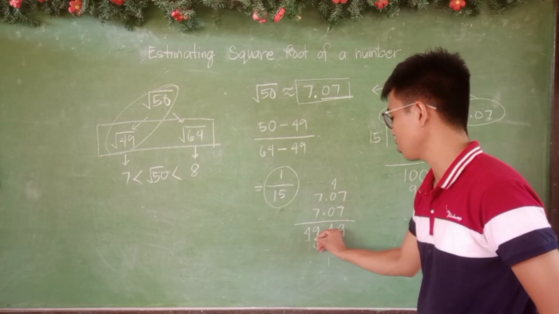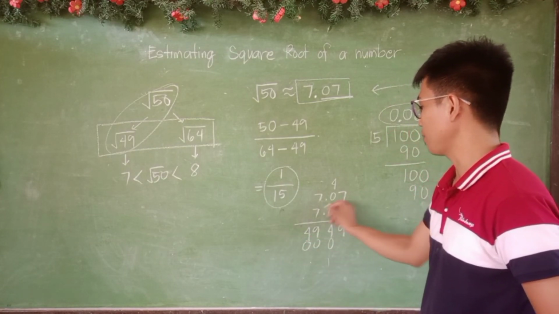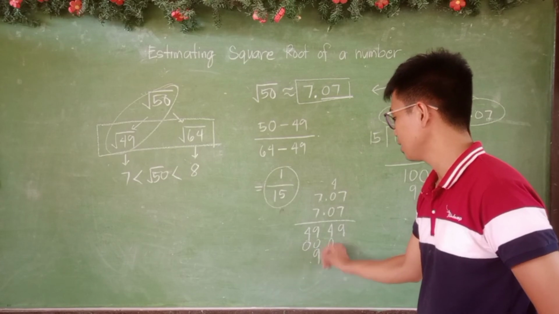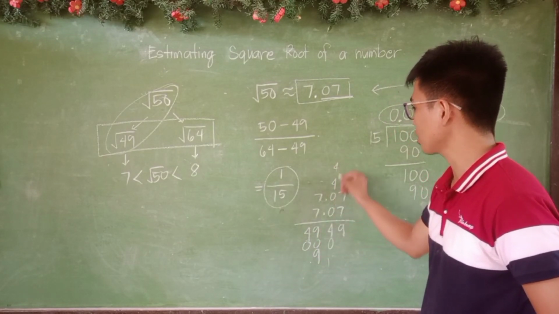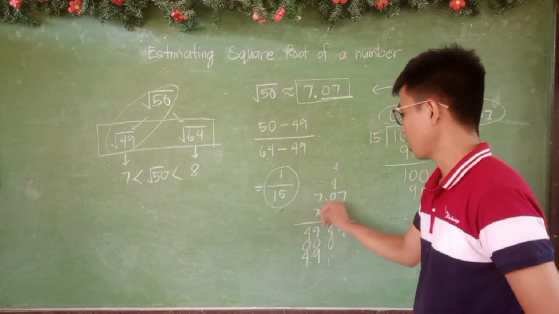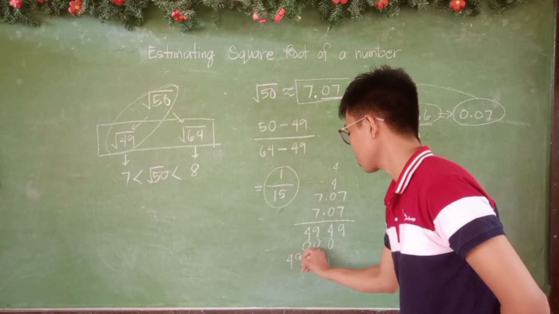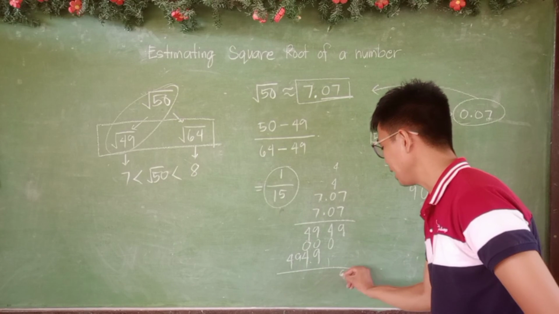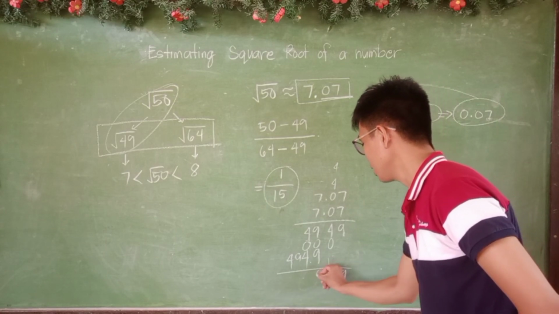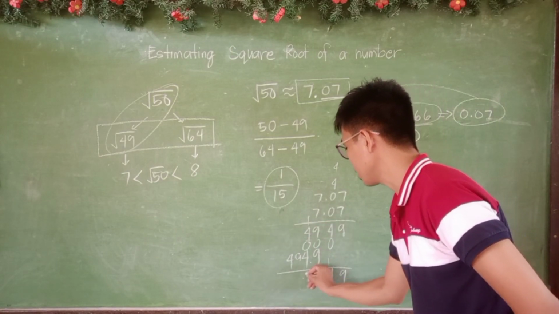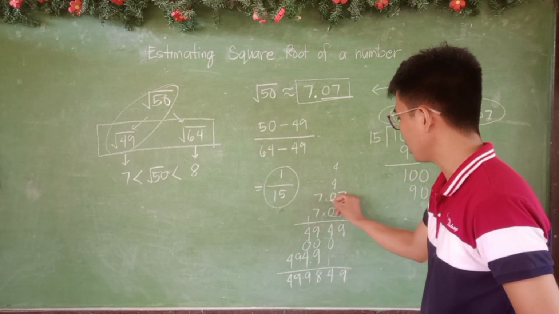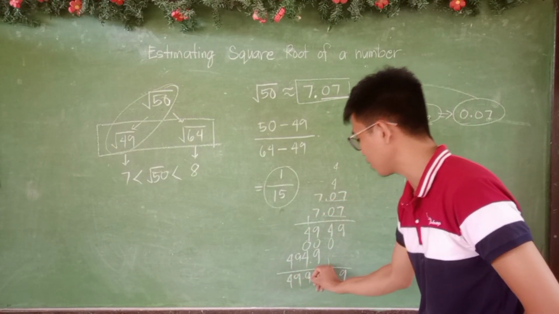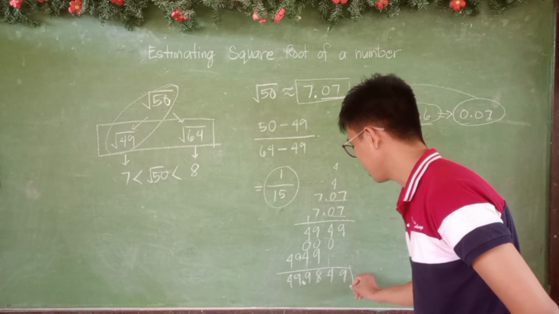So 0, 0, 0. Then 7 times 7 is 49, add 4. 7 times 0 is 0 plus 4. Then 7 times 7 is 49. Then add: 9, 4, 18, carry 1, so 9, 49. Then we have 4 decimal places: 1, 2, 3, 4. And that is the value.